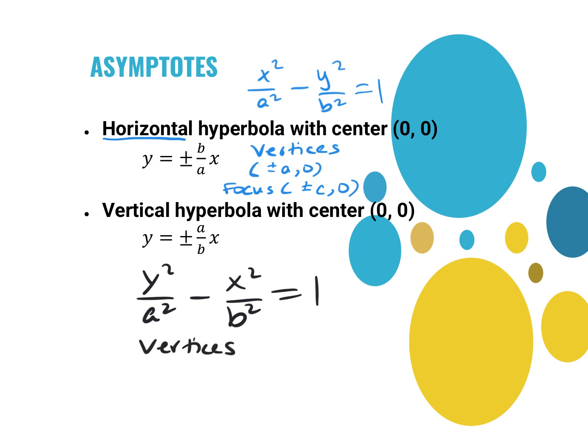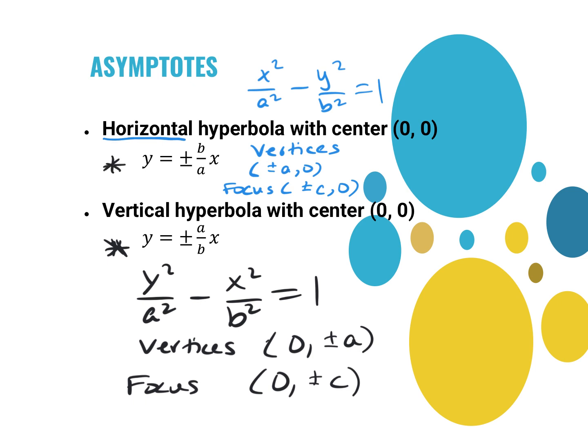Vertices, since it's going to be vertical, are going to be 0 comma plus or minus a. The a is in the y spot. And for the two foci, 0 comma plus or minus c. And again, your equations here for your asymptotes.